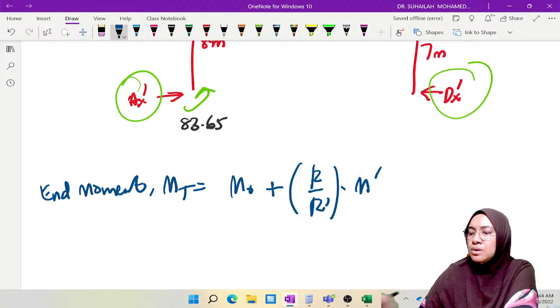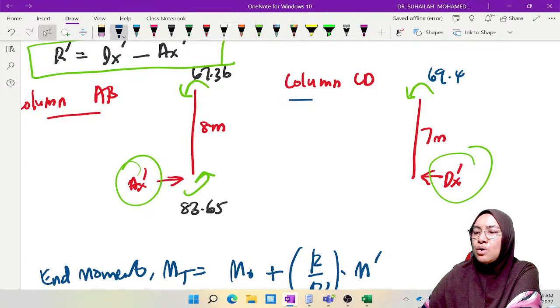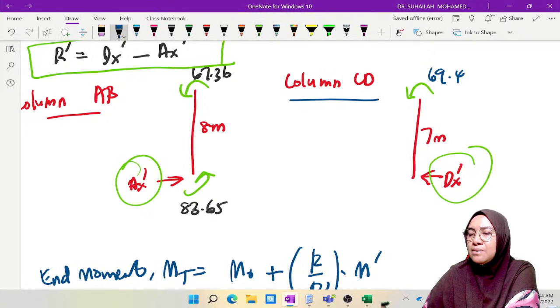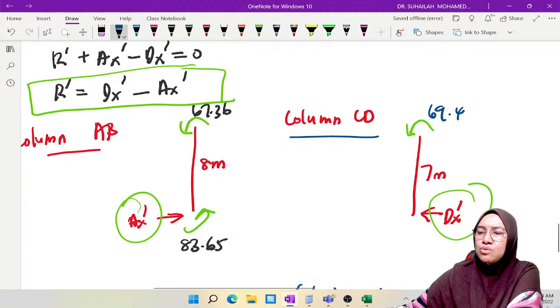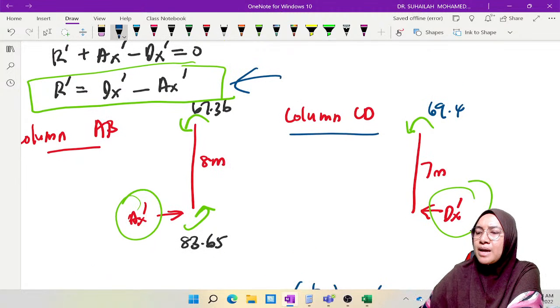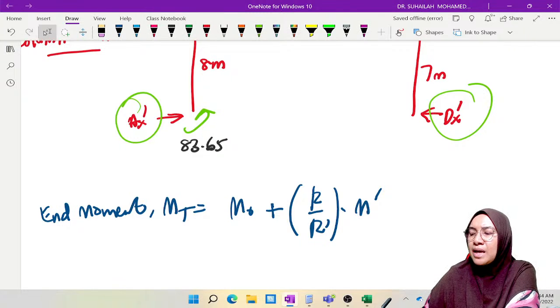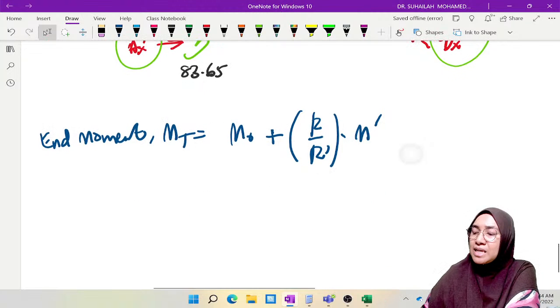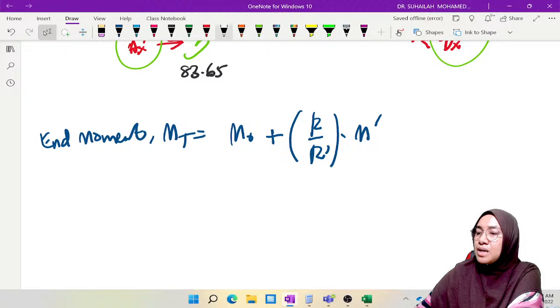So using this equation, after we get r prime value, we have actually calculated r value. Use the column analysis to calculate ax prime, dx prime, substitute into this equation, so we get r prime. Then we can get r divided by r prime. R divided by r prime times m prime is actually representing m.